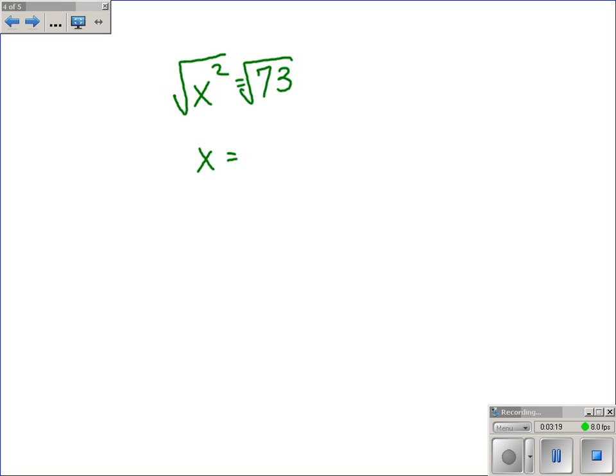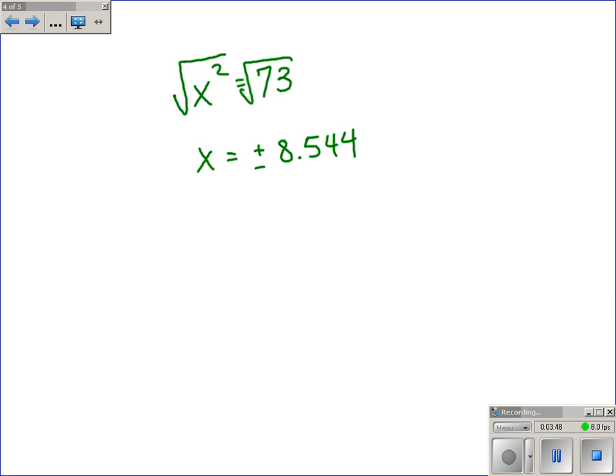The square root of 73 on my calculator is 8.544. Now there's kind of a tricky thing that happens with square roots. When you have x squared is equal to a number, the answer is 8.544, but it's also negative 8.544.